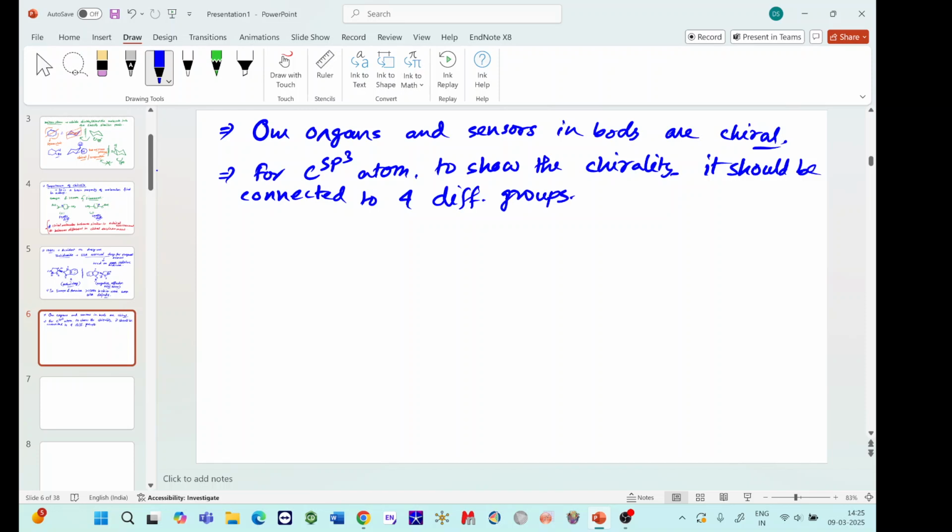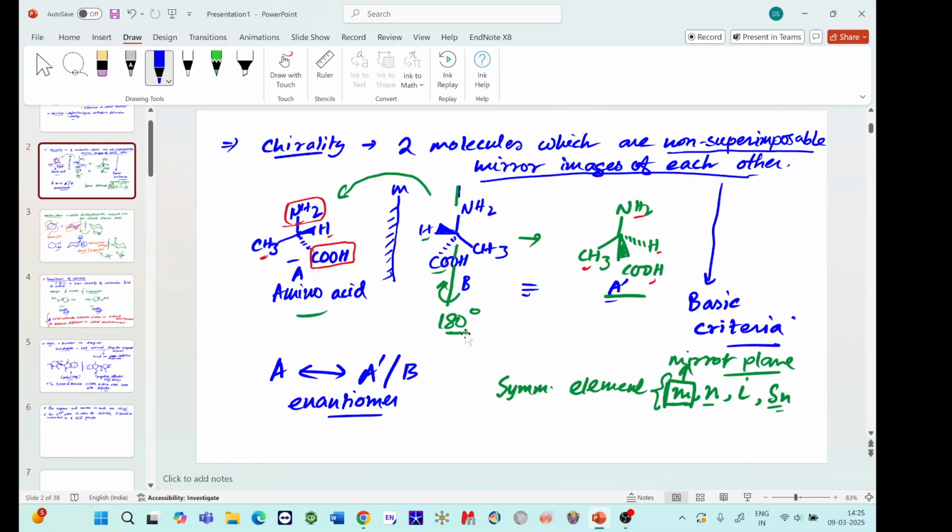Otherwise, you cannot find the mirror plane in the system. I already showed you here, right? So you need to have four different substituents.